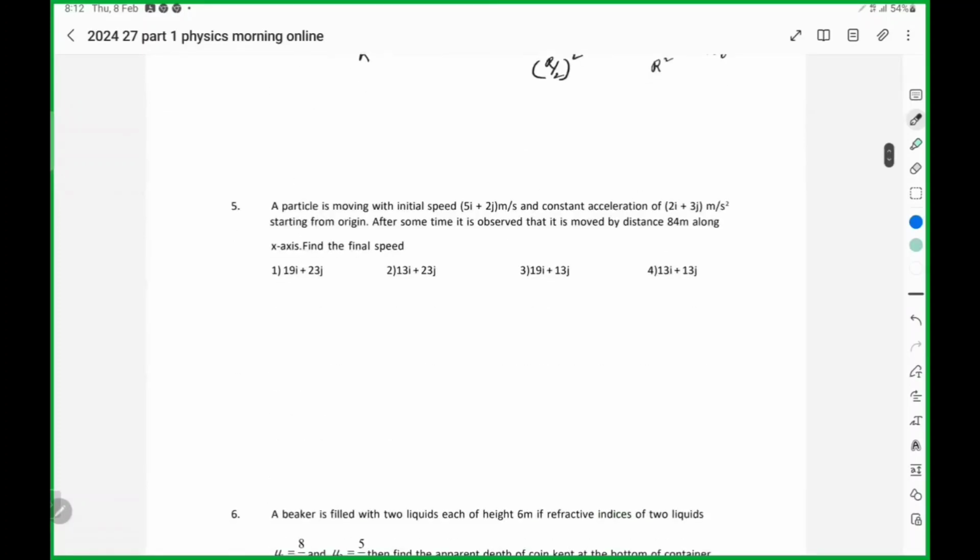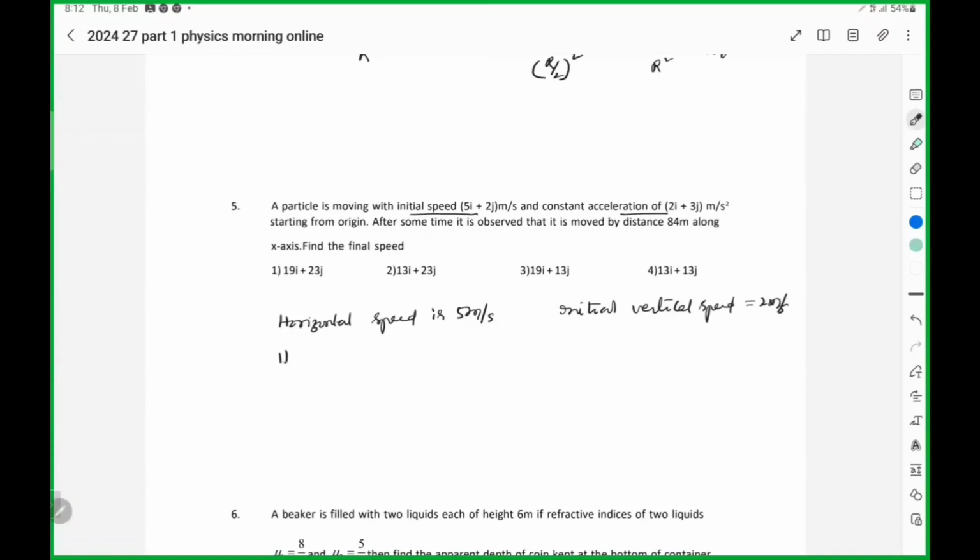Here a particle is moving with an initial velocity. What does this vector represent? Meaning the initial horizontal speed is 5 meters per second, and the initial vertical speed is this, with constant acceleration.